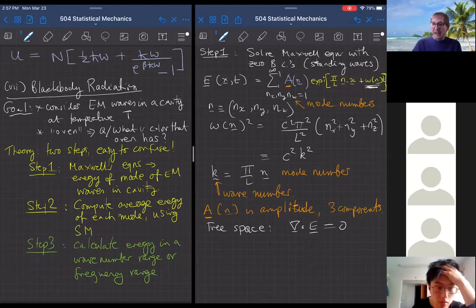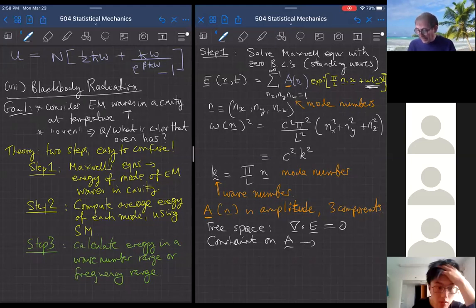Otherwise, it would be given by something like Poisson's equation. So in free space, div E is equal to 0, and what that says is that this is a constraint on the A's.